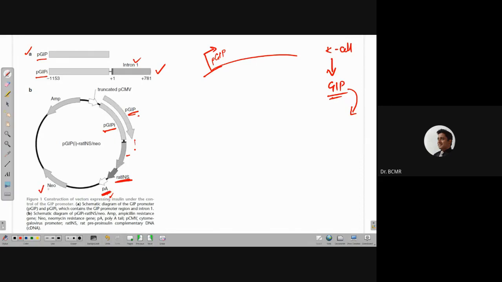They have used the neomycin resistance gene as a marker for selecting the cells that are transfected with this vector. And they have used ampicillin resistance because they have to construct this whole recombinant vector, and that can be done only in E. coli. So as a selectable marker within E. coli, they have used this one.